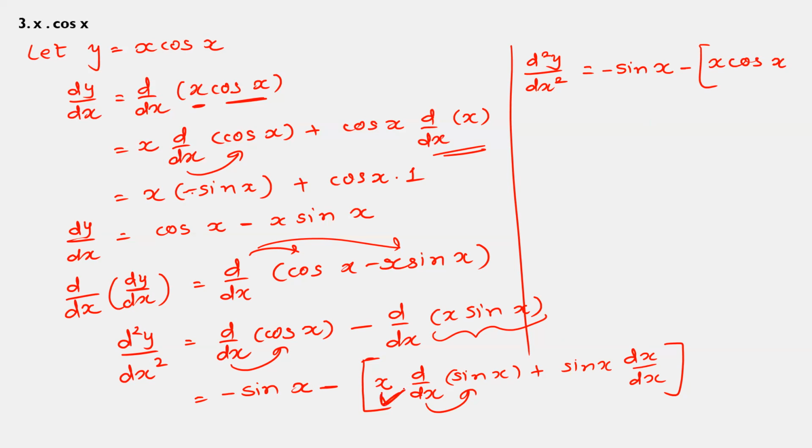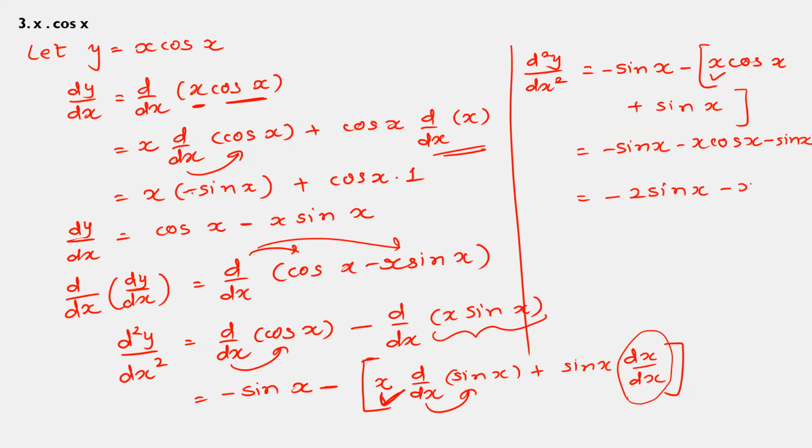So I put x as it is, and then cos x, plus sin x, and dx by dx is 1, so it is sin x. That's it. I'll open the bracket. So minus sin x minus x cos x minus sin x. As I can see, the bracket is going to open and this sign will turn to a minus sign. And that is how it is minus 2 sin x minus x cos x.